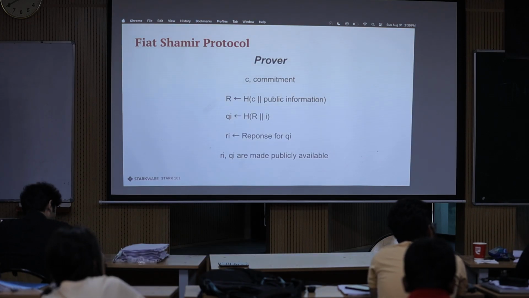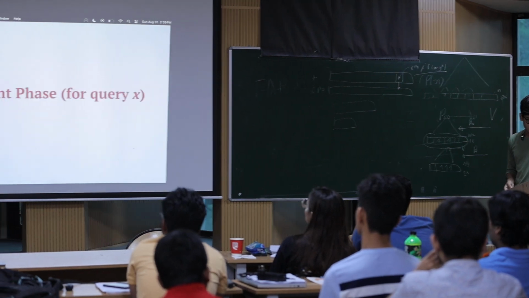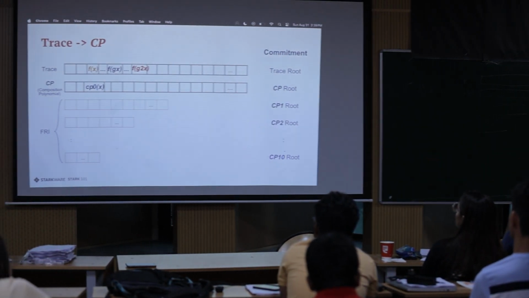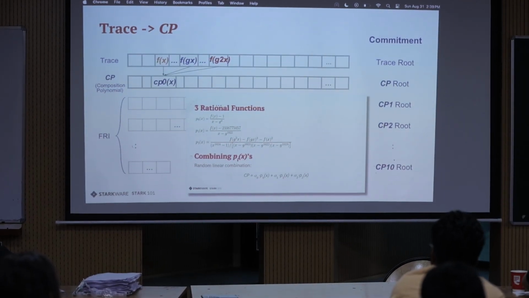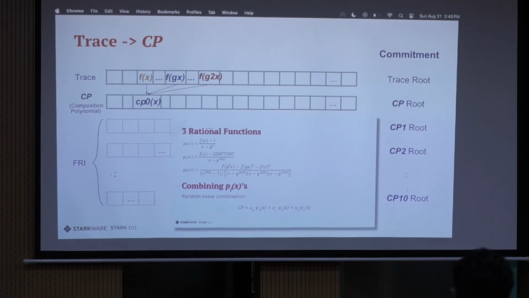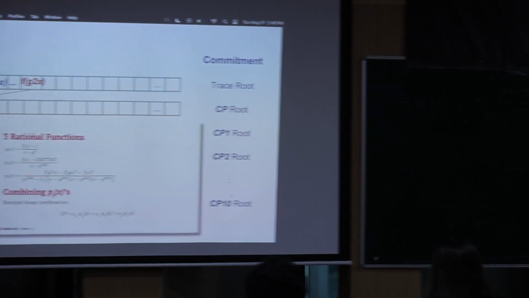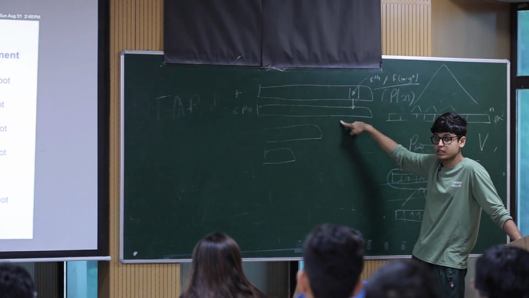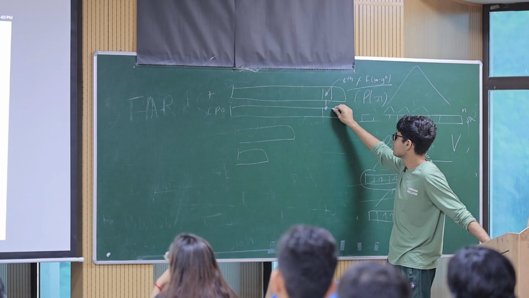Somebody tell me why it leads to CP0? Because the CP0 formula was just a combination of P0, P1 and P2. So if the kth element is wrong, then there is at least one element in CP0 that is wrong. Okay, fine.